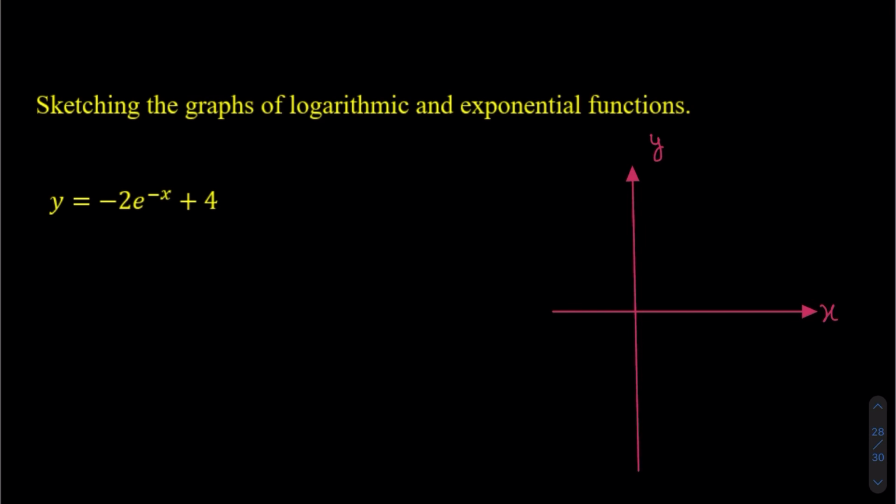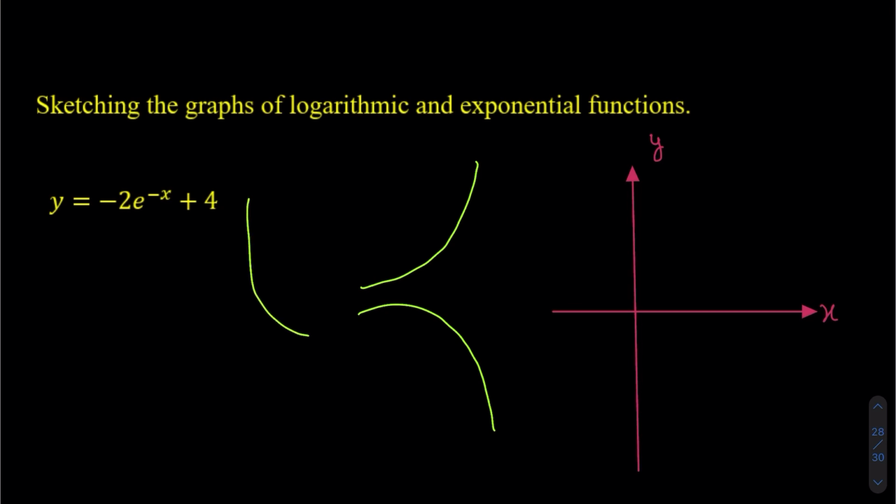So as you see, there is an example here, an exponential function y is equal to negative 2 times e to the power of negative x plus 4. In general, we know the exponential functions are like a curve, like in this way, or might be like this, or might be like this.